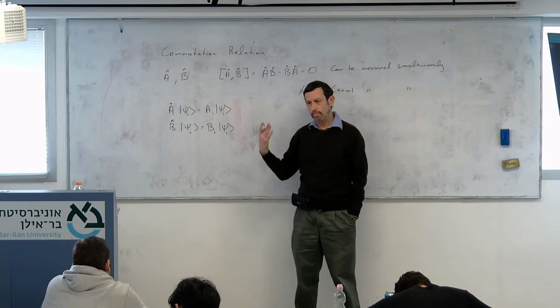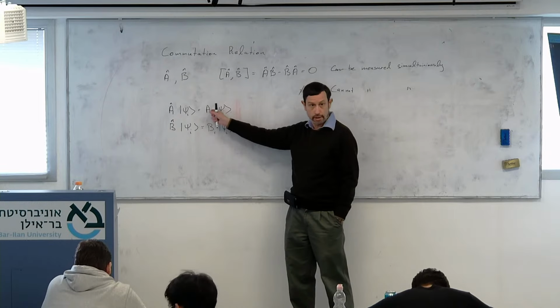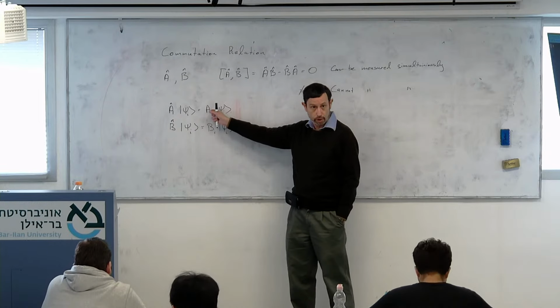I operate on psi I with B, I get some value of BI, which doesn't have to be equal to AI.